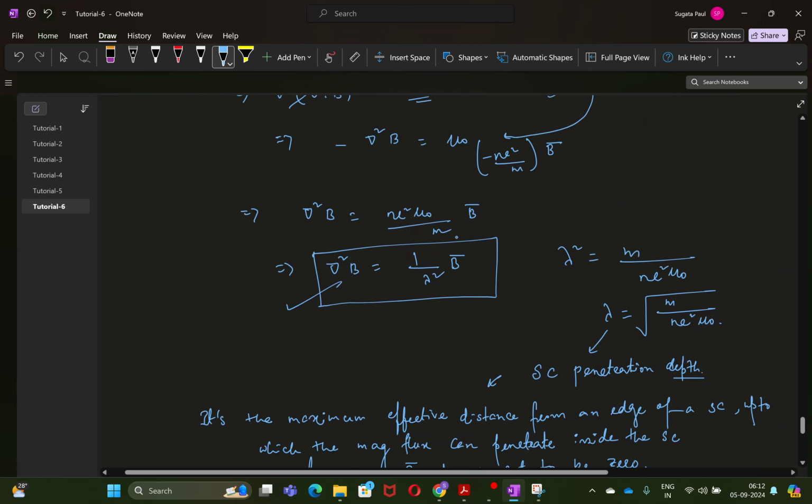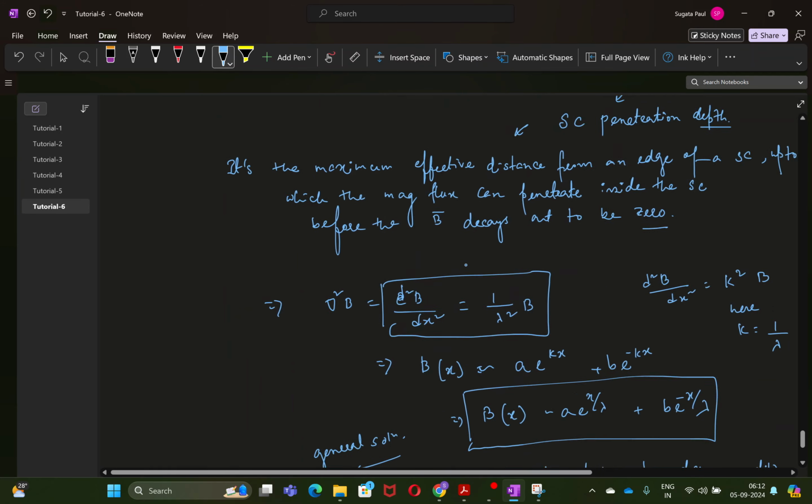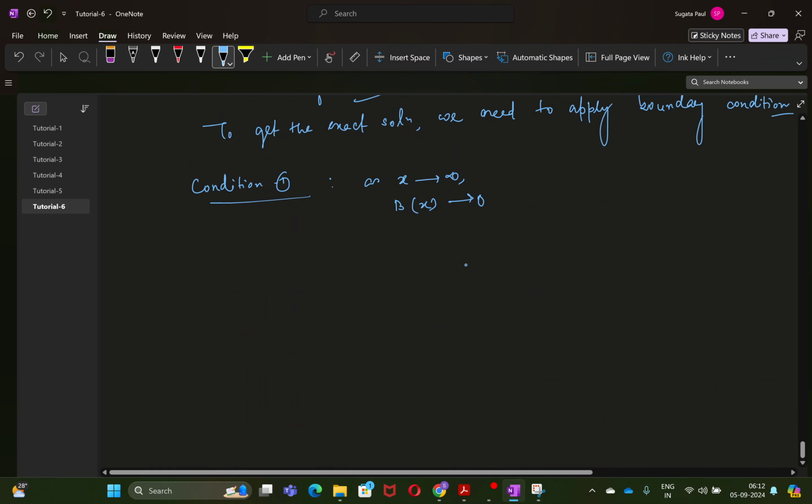This is valid because you can see from this picture that as x tends to infinity, you are moving deeper inside the superconductor. So at infinity we can guarantee that we are deepest inside the superconducting phase, and we know that deepest in the superconducting state the magnetic flux should vanish inside the system. That is why we write the boundary condition that at x tends to infinity, B(x) should tend to 0.